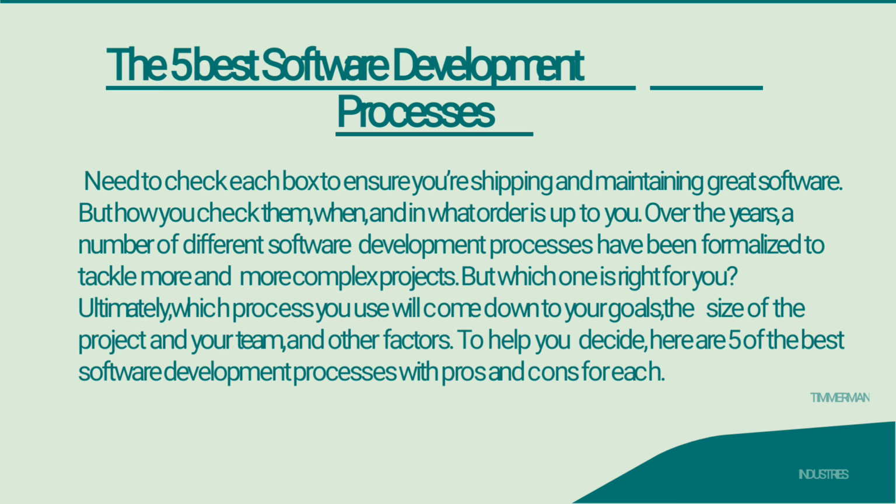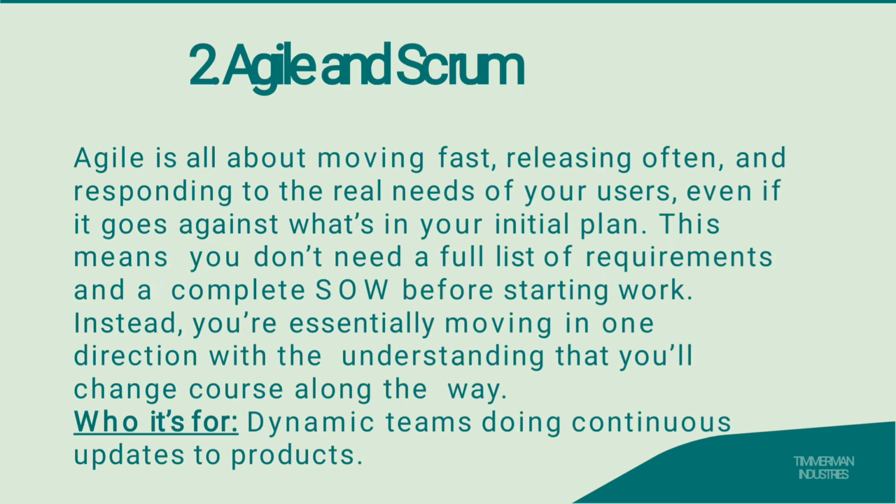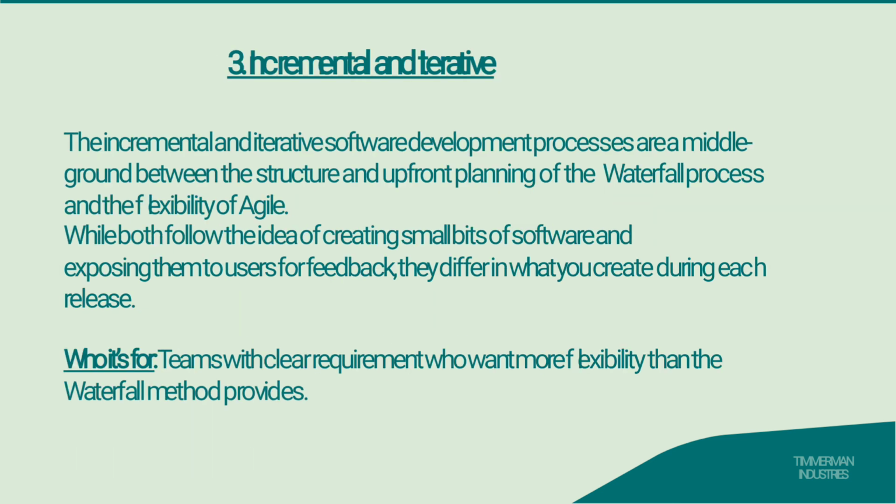The five best software development processes you can use are as follows. The first is the waterfall model. It's one of the oldest and most traditional models for building software. It is for teams with rigid structure and documentation needs. Second is Agile and Scrum. It's for dynamic teams doing continuous updates to products.